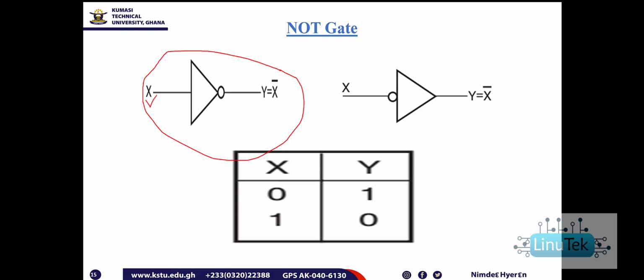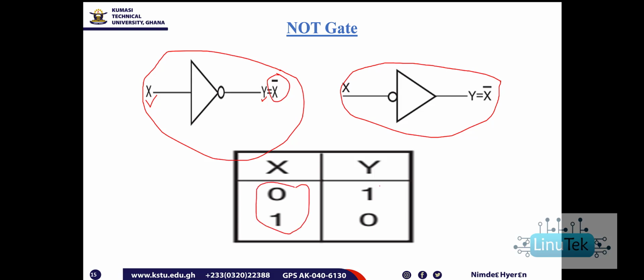You have X as your input, and then Y being the output is equal to the complement of what? X. It can also be written like this. That is the symbol or the diagram for a NOT gate. So in the truth table here, we can only have two possible combinations of input, and then we would also have the output to be the complement of the input.